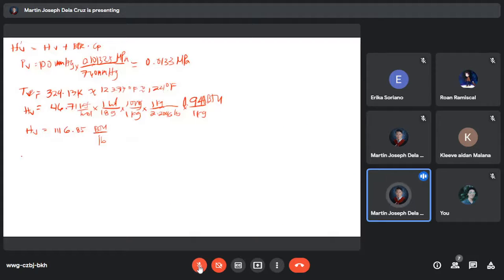So at trial 1, BPR natin is, assume natin na 40 degrees Fahrenheit class. So your T new now is equal to 124 plus 40, which is 164 degrees Fahrenheit.